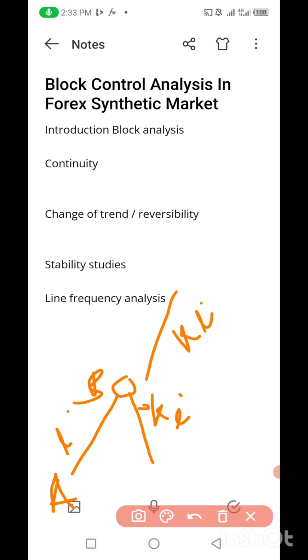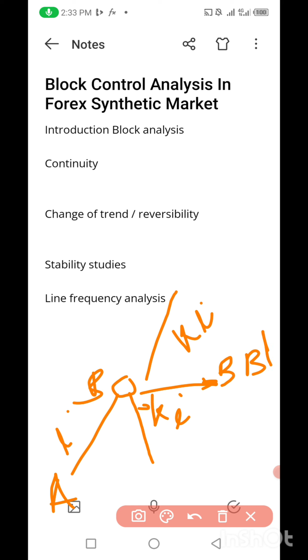See, this loop is what we call a block, and it is called a control block. So long as the price action is above this loop, it is a bullish block, called BBL, bullish block.